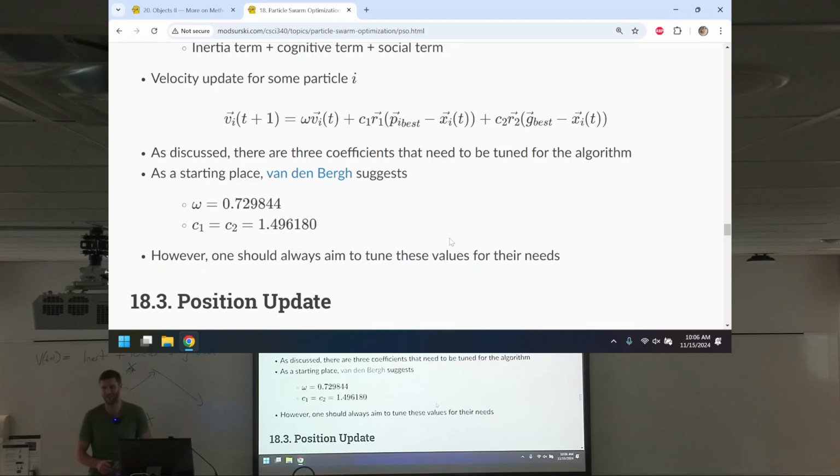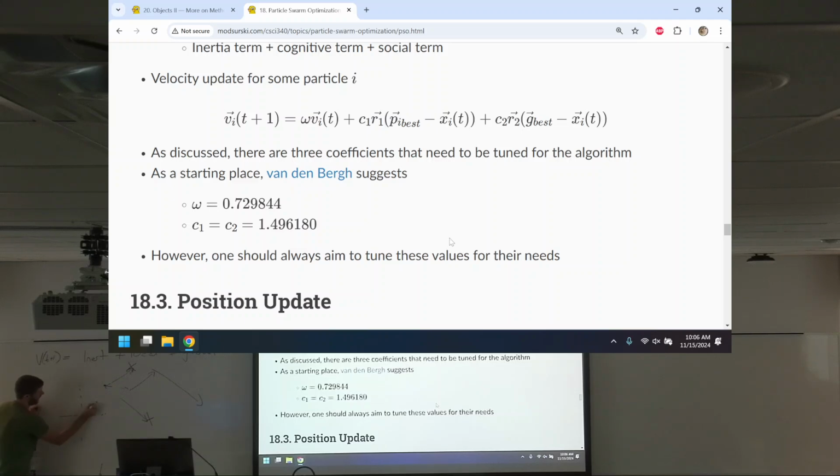Yeah? I have a question. Is this velocity update always positive or could it be negative, in order that the velocity is reducing? Well, the velocities can be negative. Think about it: it all depends on where we are.